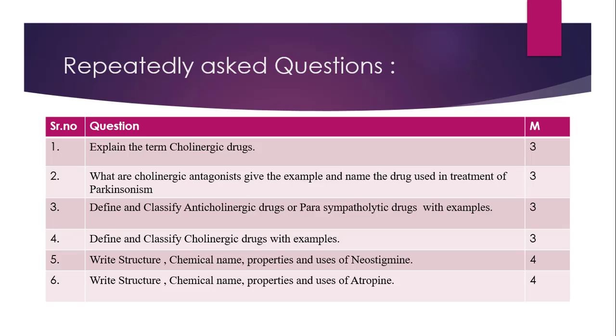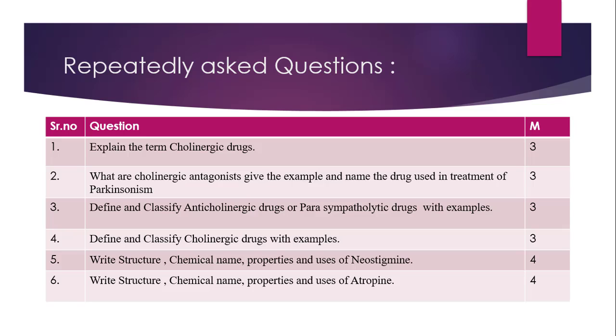Anticholinergics are also known as parasympatholytics. Lytic means to break down. So since it is the anticholinergic classification, the question may say parasympatholytic drugs. Define and classify anticholinergic drugs or parasympatholytic drugs with examples will come for 3 marks.